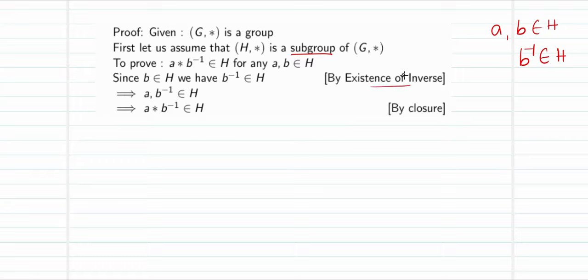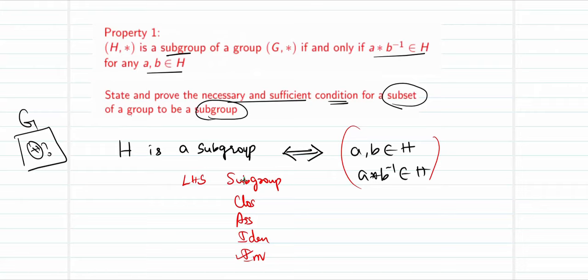And next, I know that I have two elements, A that belongs to H and B inverse that belongs to H, and for my subgroup I know that closure law is true. What do you mean by closure law? Take any two elements belonging to the set, now it is going to be H. The binary operation on them also has to belong to H. That is what closure is.